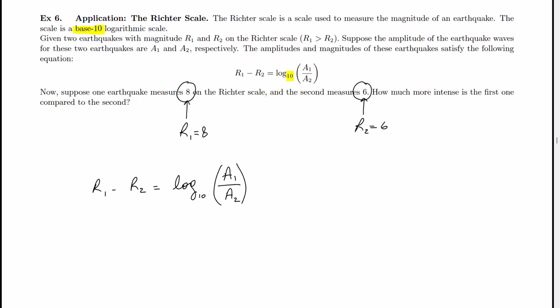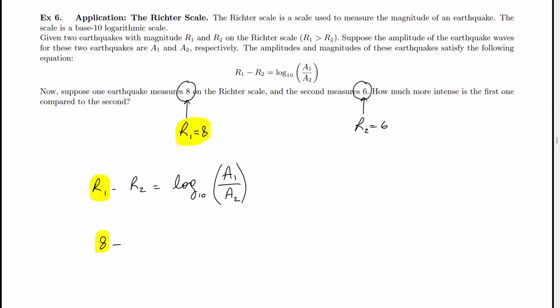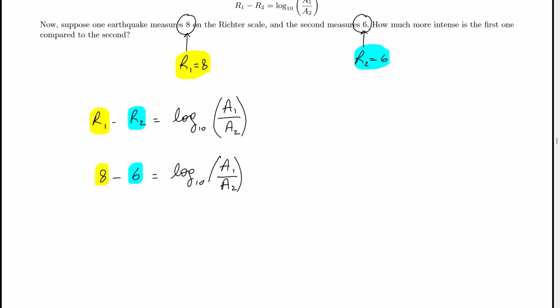We know that R1 is equal to 8, so this is 8 minus, and we know R2 is equal to 6. That's what we're told. And we're supposed to figure out what A1 is in terms of A2, so we can compare which one of these earthquakes is more intense, or in reality, how much more intense is the first one compared to the second one.